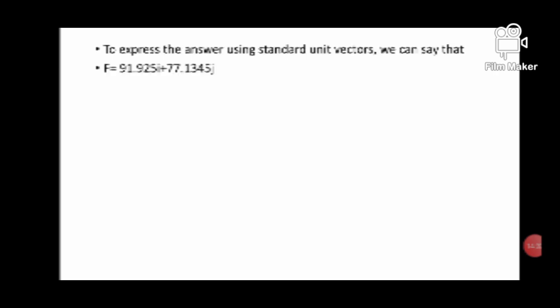To express the answer using standard unit vectors, we can say that the original force vector is equal to 91.925 times the unit vector i, because it is the x component, plus 77.1345 times j, which tells us the magnitude of the y component is 77.1345. So this is one way we can express the force vector.